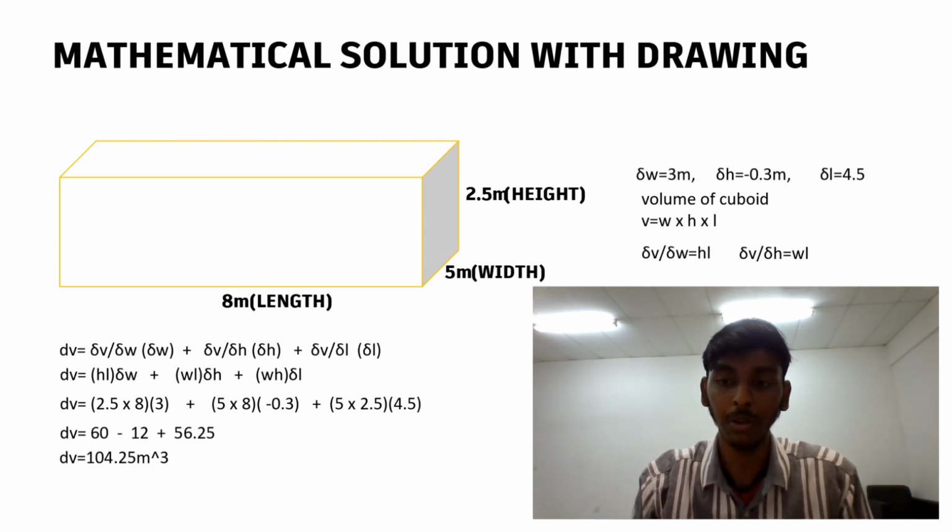So the delta W becomes 3 meter, delta H becomes negative 0.3 meter because he needs to decrease the height of the swimming pool. Next, the delta L becomes 4.5 meter. The volume of a cuboid is V equals W times H times L.